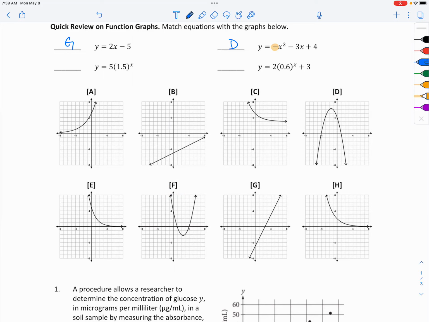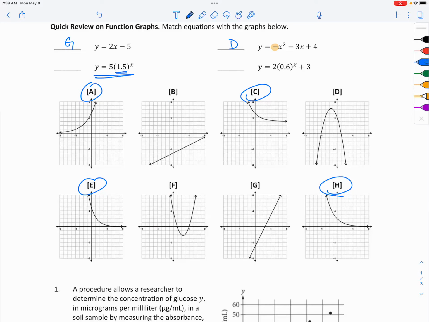We have quite a few: A, C, E, and H. They're all exponential functions. When we're looking at this one, I think there's only one choice, because this number is 1.5. That means it must be growing.